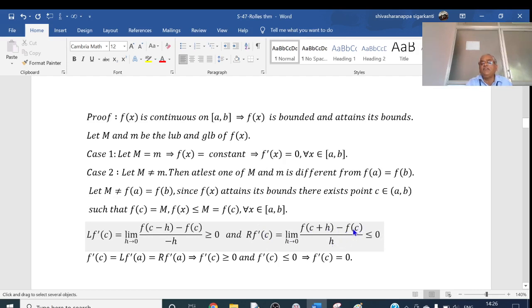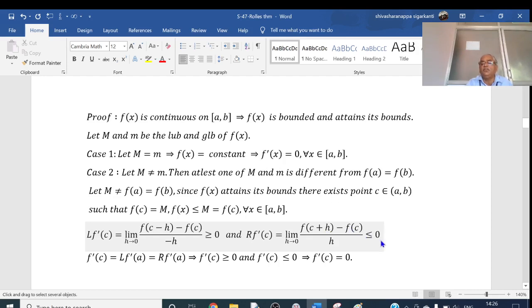See, this f of c is equal to M, the highest value of the function. And this f of c plus h is always less than or equal to M. This is equal to M, this is less than or equal to M. Therefore, this quantity becomes less than or equal to 0, that is, zero or negative.